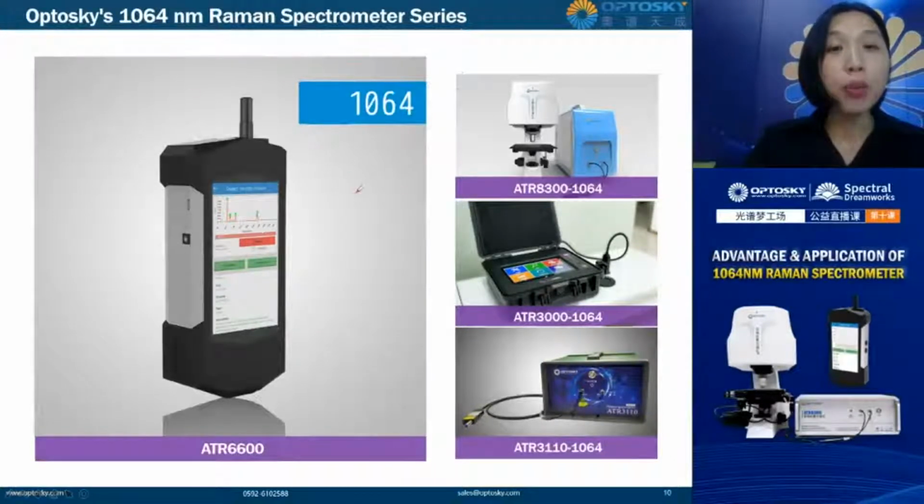This is the most popular, the ATR 6600. This is the most compact and the most lightweight 1064 nanometer Raman spectrometer. It is one of the three 1064 handheld Raman spectrometers in the world, but they are still not the most advanced model.